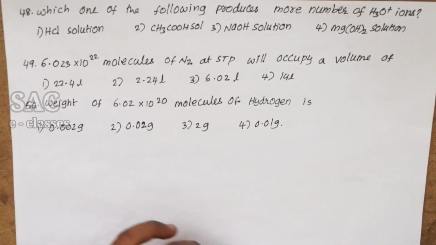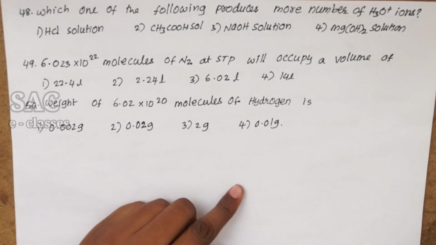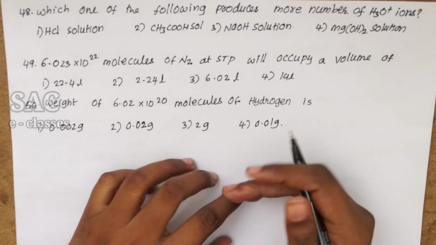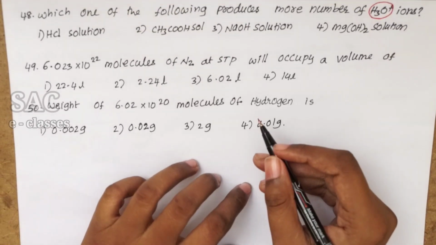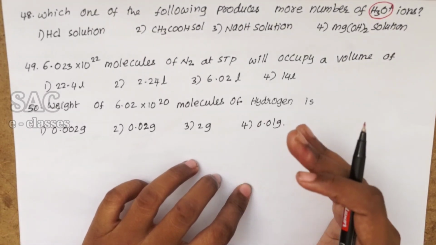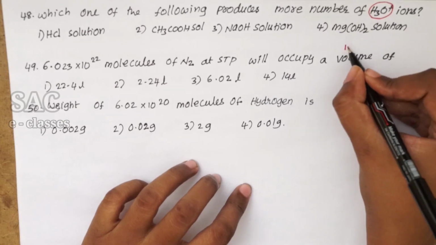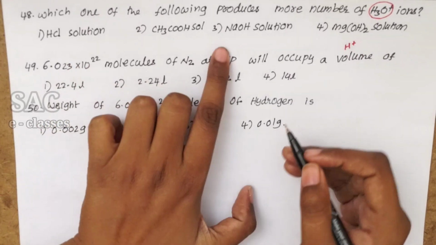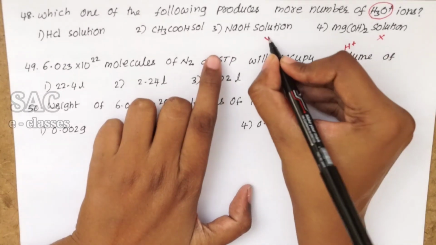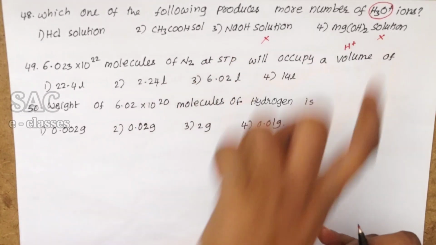Look at problem number 48. Which one of the following produces more number of H3O+ ions? Usually in aqueous medium, H3O+, nothing but H+ ions, will be released by the acid. So option 3 and option 4 are not suitable because these are bases.